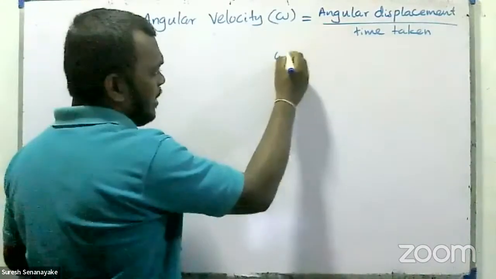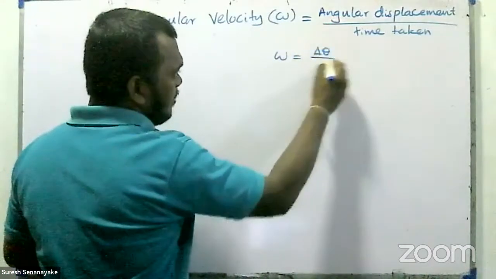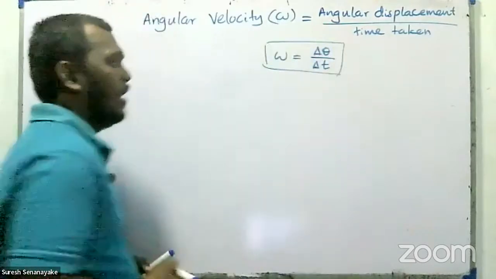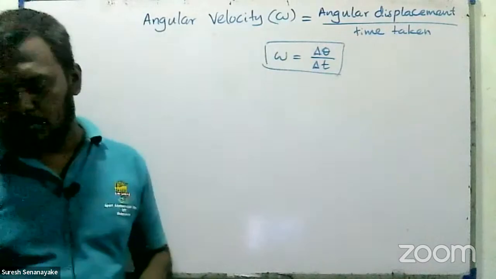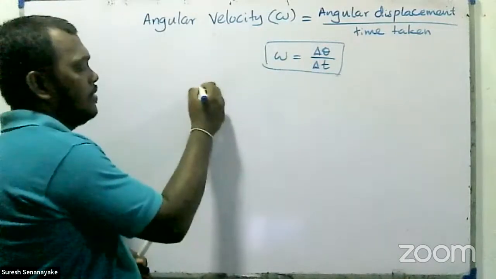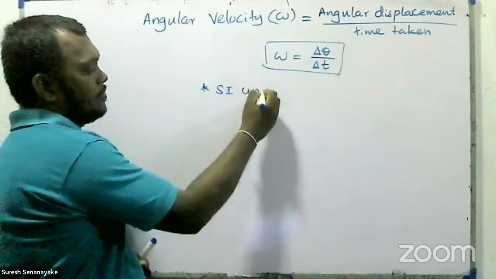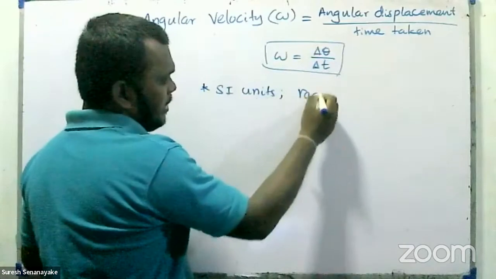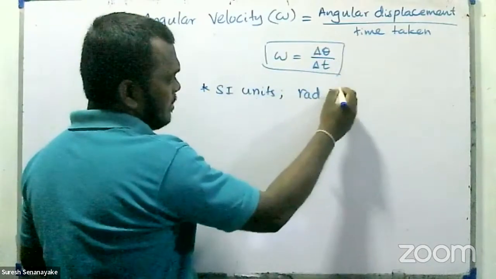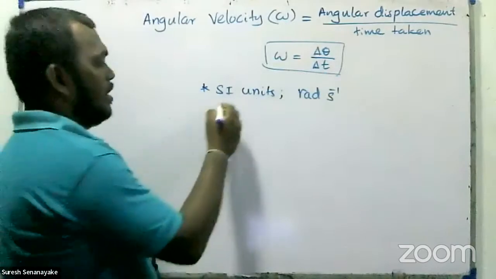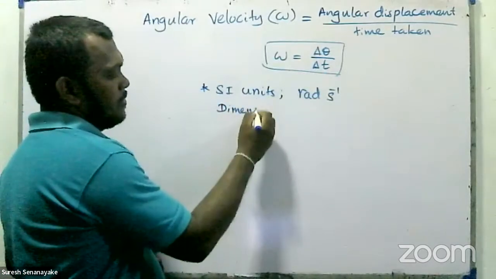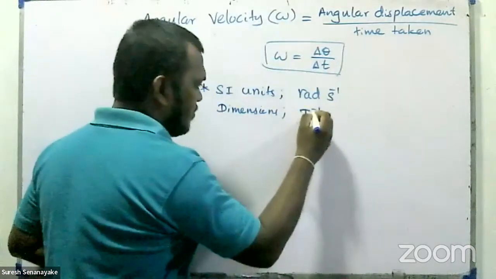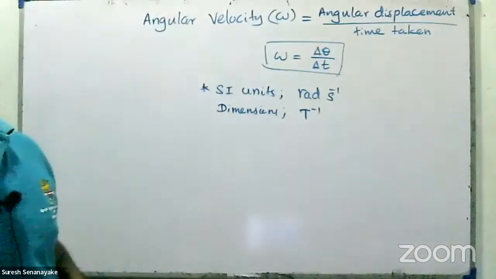We can write this as omega equals delta theta divided by delta t. Angular displacement is measured in radians and time is measured in seconds, so the unit is radians per second. The dimension is T to the power minus 1, since radian has no dimensions.